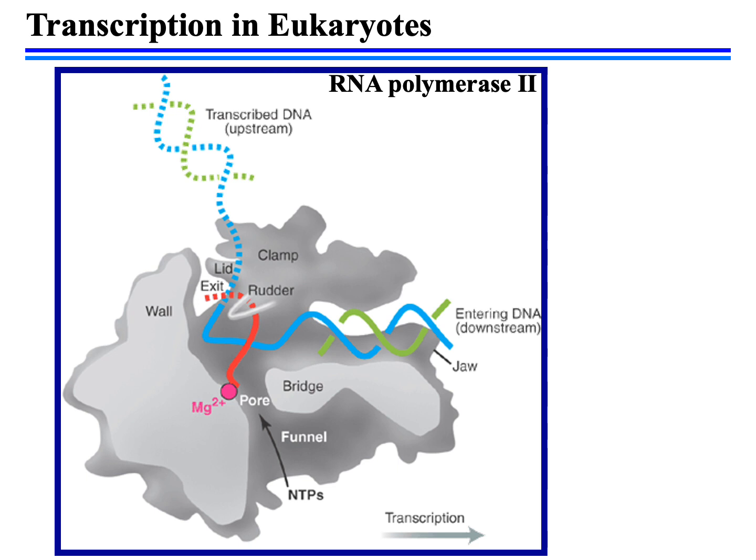We also know that this does close down on DNA during the transcription process, and a closed clamp or a closed claw over the DNA allows for processive transcription, meaning that the polymerase won't fall off and continues to transcribe the entire gene.